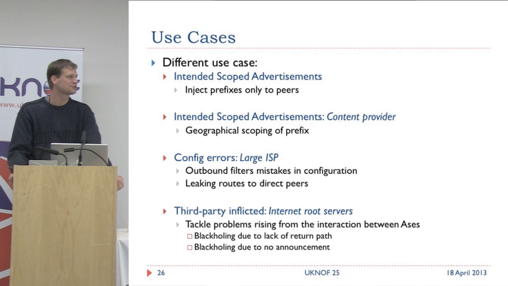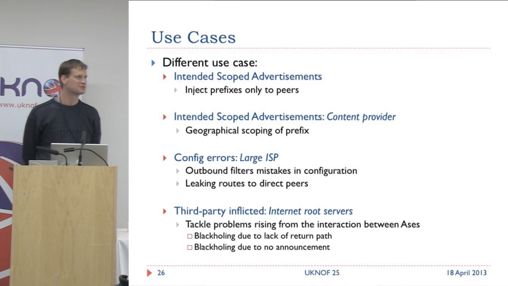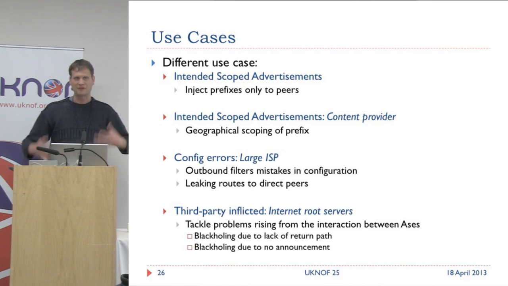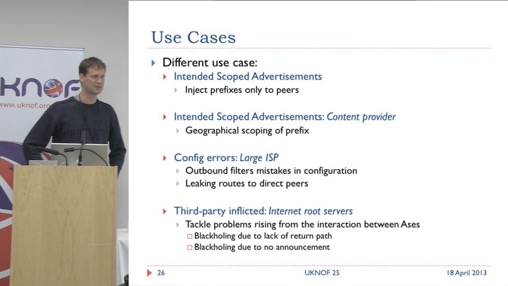I would also like to give some use case studies that we have found so far. For example, scoped advertisements and traffic engineering based on prefix length can be a source of limited visibility prefixes.